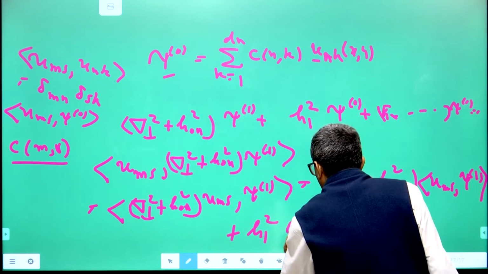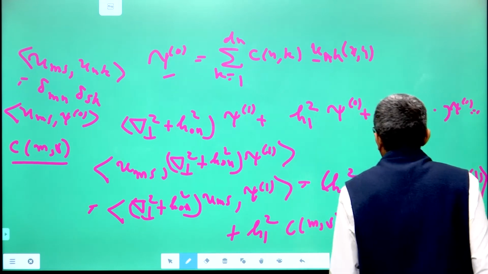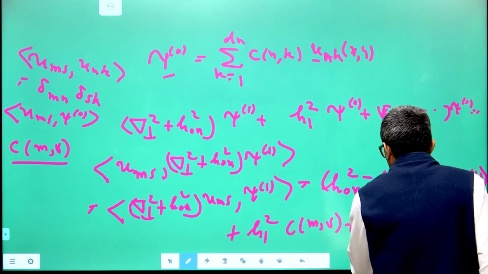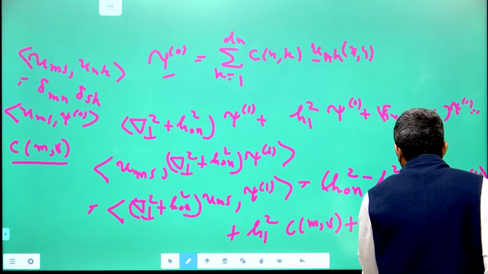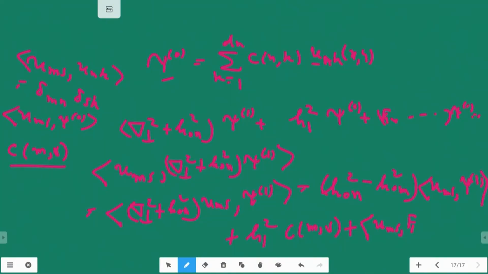So you will get h1 square into CMS, plus the other terms: ums comma fx dou by dou x plus fy dou by dou y plus g, acting on psi 0, and for psi 0 I have substituted unk into cnk, summed over all the k's. The sum of all these terms is 0.